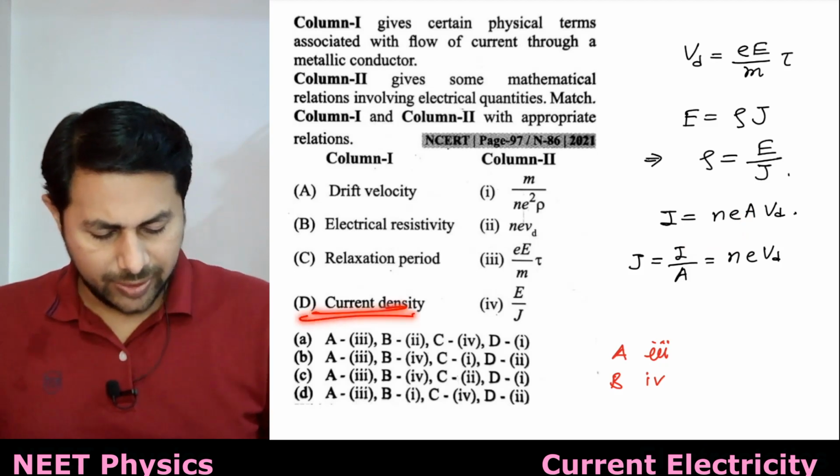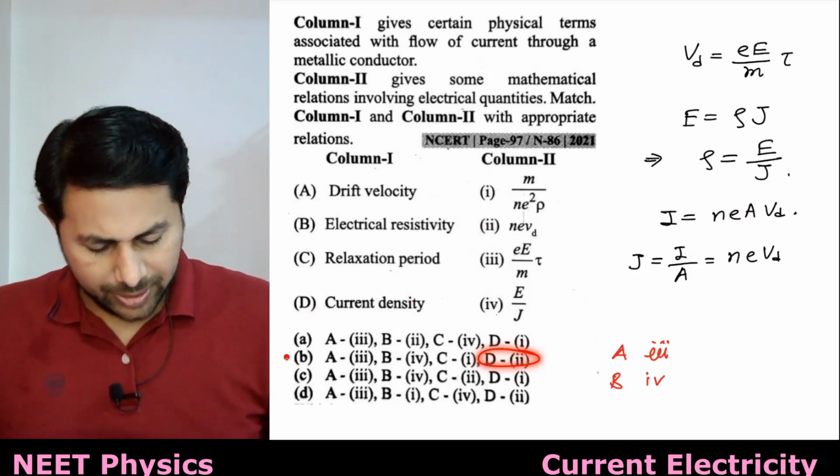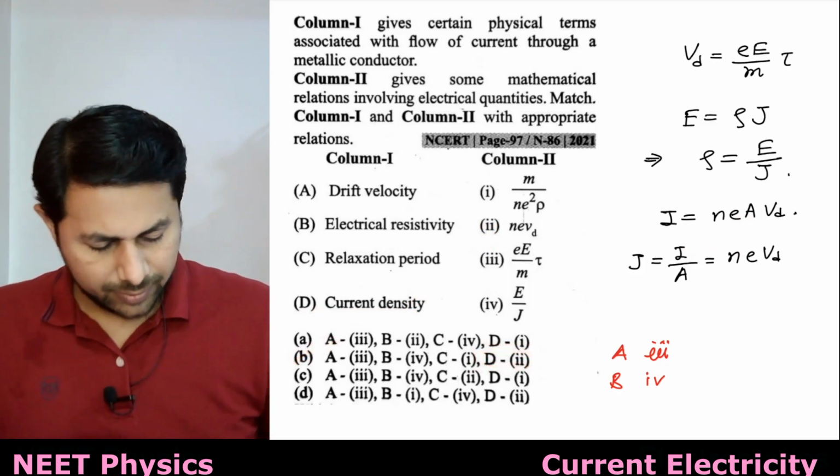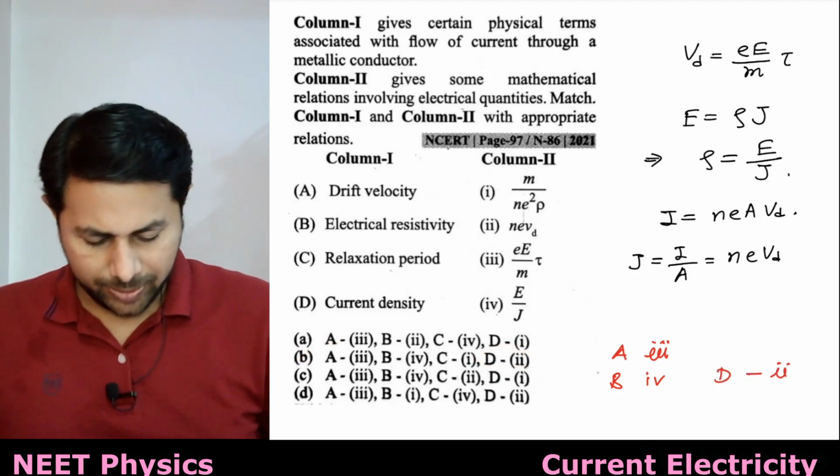So this one matches with this one, that is D matches with 2. So it's option B. D matches with 2, so it has to be option B.